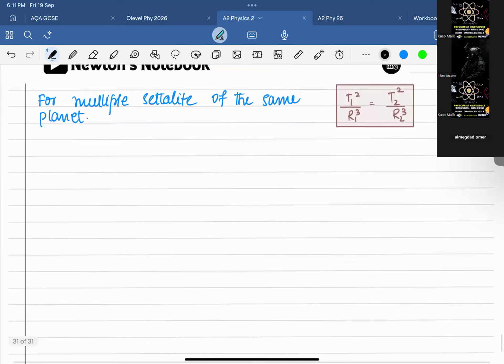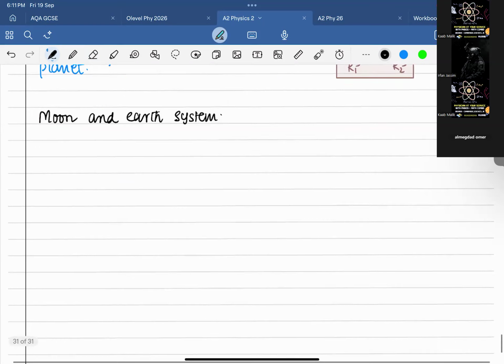So if you consider the Moon and Earth system, let's imagine that we have the Earth and we have the Moon.